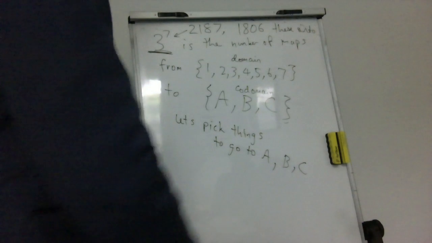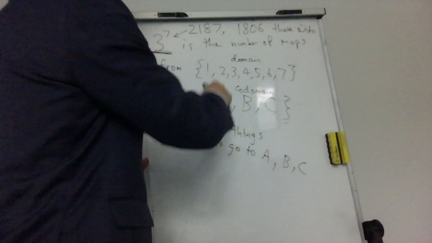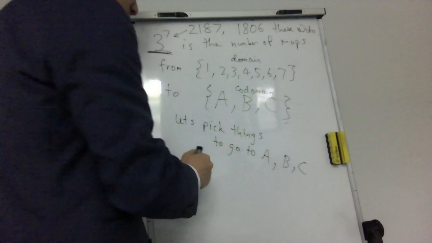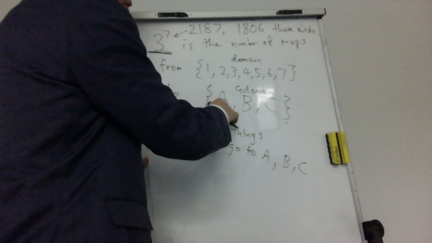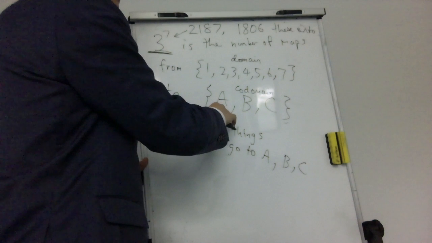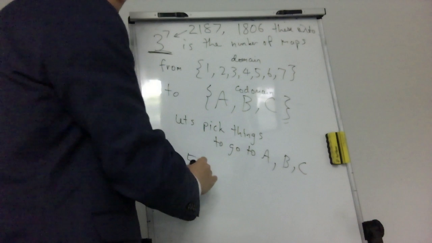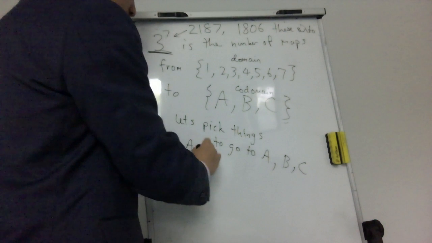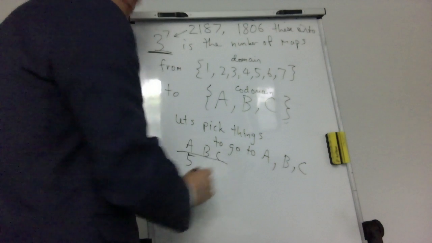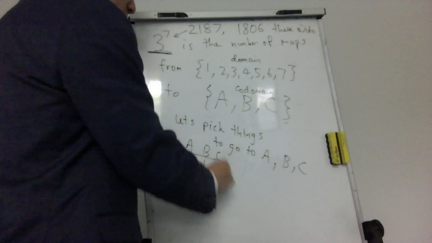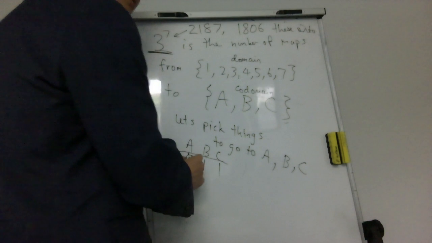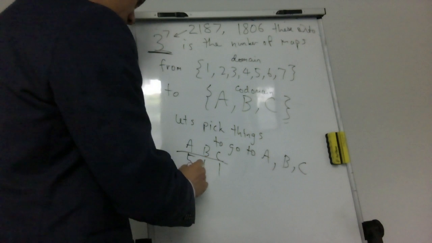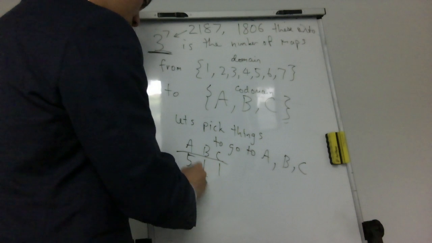For example, out of the 7 things, I can't have 6 of them going to A, because that's not onto. I can have at most 5. So I can have 5 going to A, 1 going to B, 1 going to C. That's the only one you can do with 5, or you could do permutations of this one.